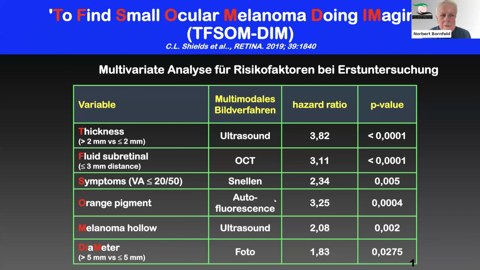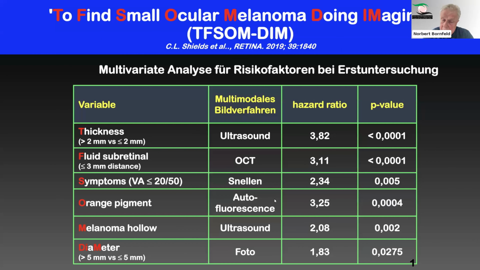That was called with an acronym, TFSOM-DIM, which is widely used in the literature. And that is a formula for a hazard ratio and a risk factor for patients with a melanocytic lesion, nevus, to have growth of that lesion.